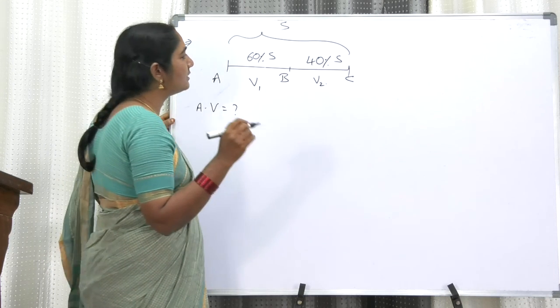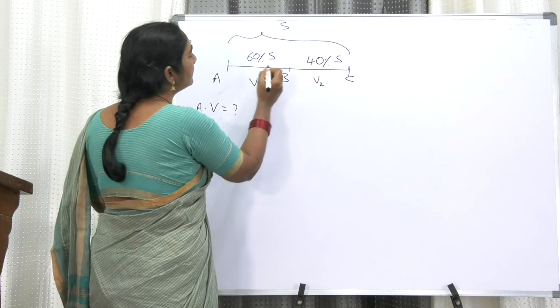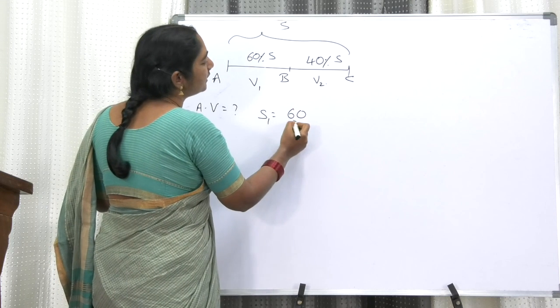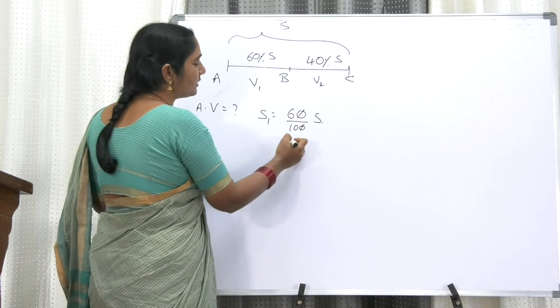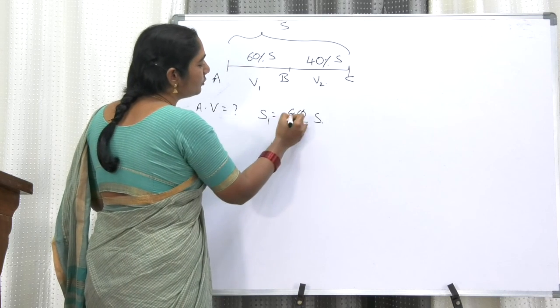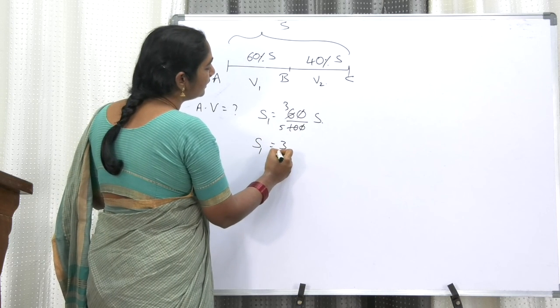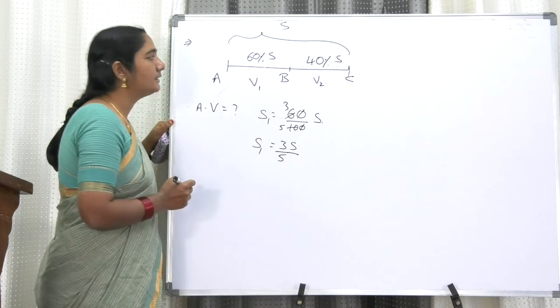So my dear friends, please try to understand here. Now the first distance S1 is equal to 60%. 60 percent means 60 by 100, if you just resolve it, 2 3s, 2 5s, so S1 is equal to 3 by 5 S, or 3S by 5. Please try to understand.